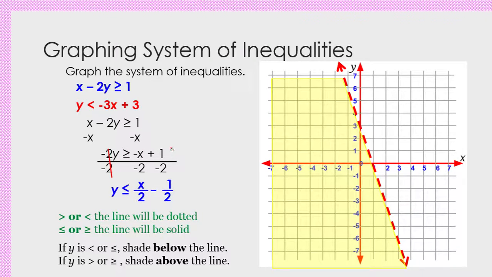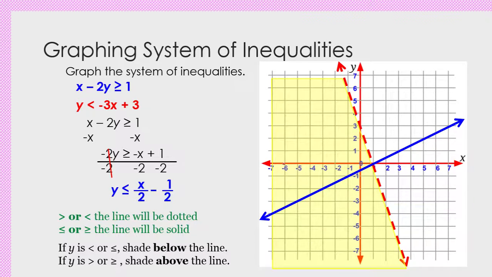And remember, when we divide or multiply by a negative number, we need to switch the inequality sign. So our line is going to be y is less than or equal to x over 2 minus 1/2. That means the y-intercept is going to be negative 1/2, and your slope is going to be 1 over 2. So that is the line of the graph.